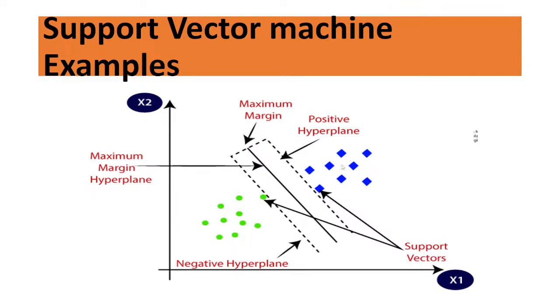Okay, so this is the data, and this type of pixel value or data is called the support vector. In the support vector example, it creates a baseline between the two different pixel values. It creates one baseline. That is the main target, and this baseline is called the maximum margin hyperplane.